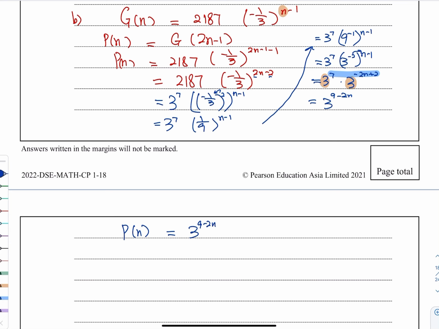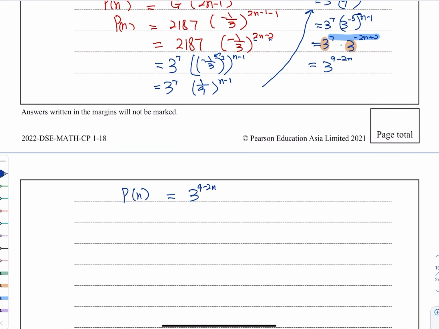What do I need? Let's find a few terms. It might be useful later on. P1, 3 to the 9 minus 2 times 1. That's a lot. 3 to the 9 minus 2 is 3 to the 7. And P2, 9 minus 2 times 2, 9 minus 4 is 5. So P3, 9 minus 2 times 3, which is 3 to the 3.